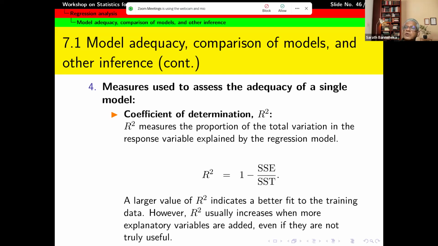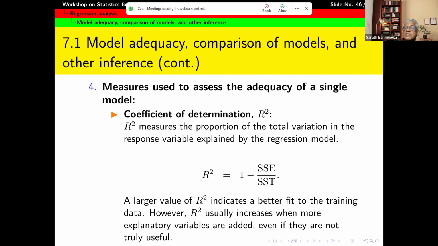If the model is able to explain that variation out of the 200, if it is able to explain 80% of the variation, then R square will be 0.8, right? So this explaining means after fitting the model, some variation is still in the residuals, right?